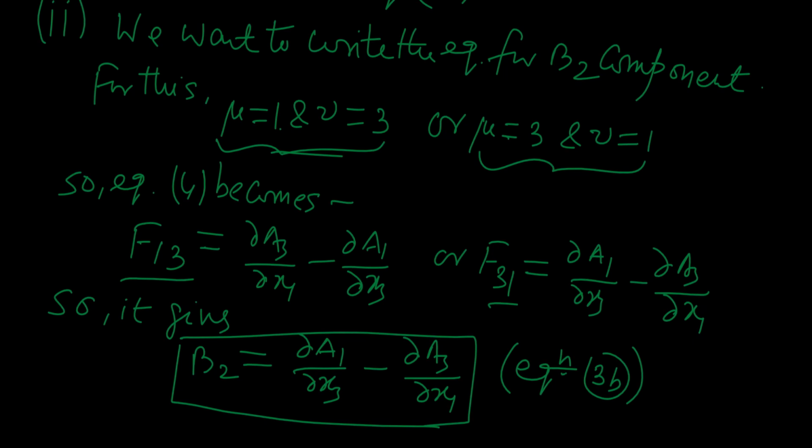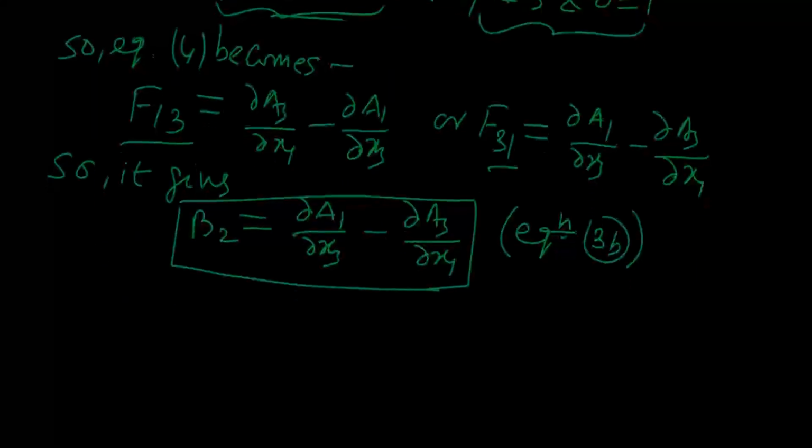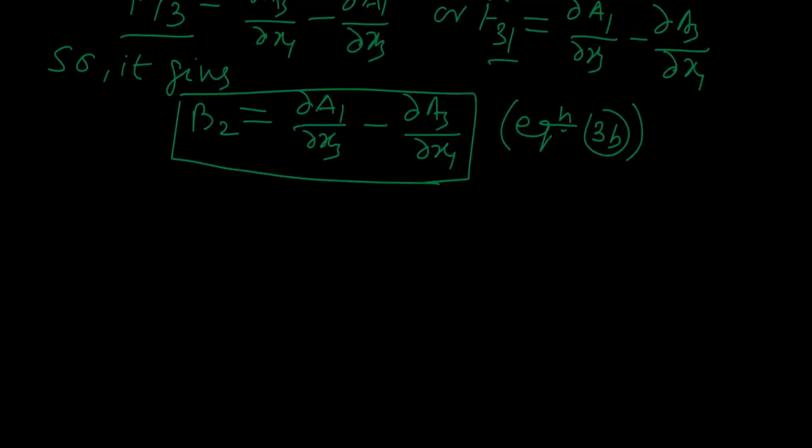So we have seen by these two examples how we can find the components of the electric and magnetic field vectors E and B in terms of the 4-vector potential A mu, by using the idea developed for the electromagnetic field tensor.